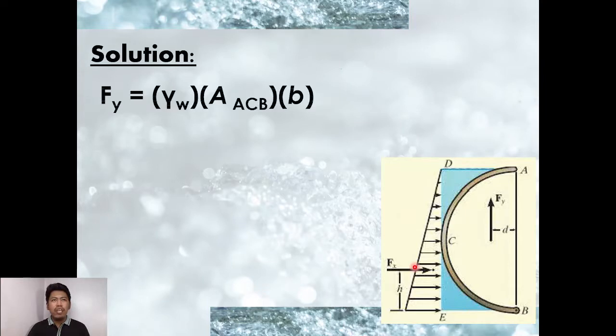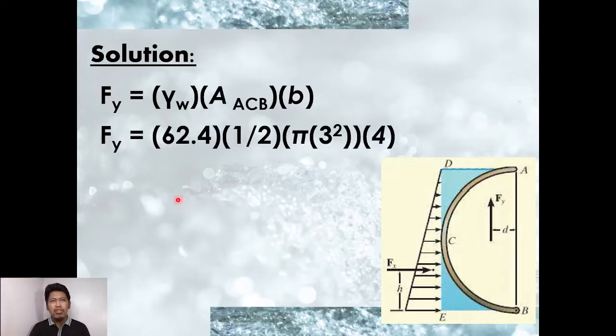So, yung solution natin is gamma ng water, alam nyo kasi kailangan natin ng liquid, no? So, water yung ina-analyze natin. So, gamma ng water multiplied by the area ng ACB, which is semicircular, okay? Multiplied by b.